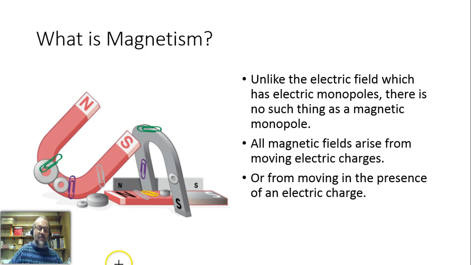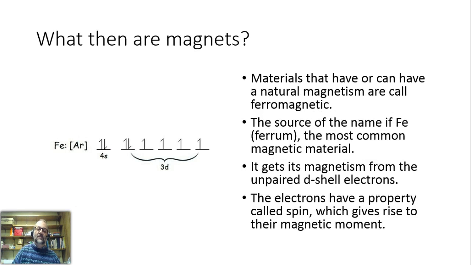So what are magnetic materials? Magnetic materials are materials that are naturally magnetic. We often call this ferromagnetic, because the most common magnetic material is actually iron.